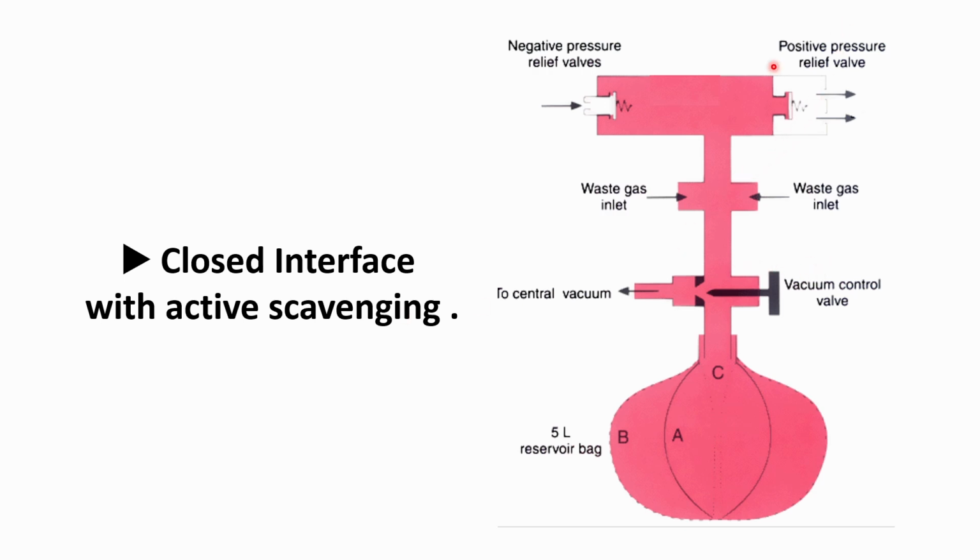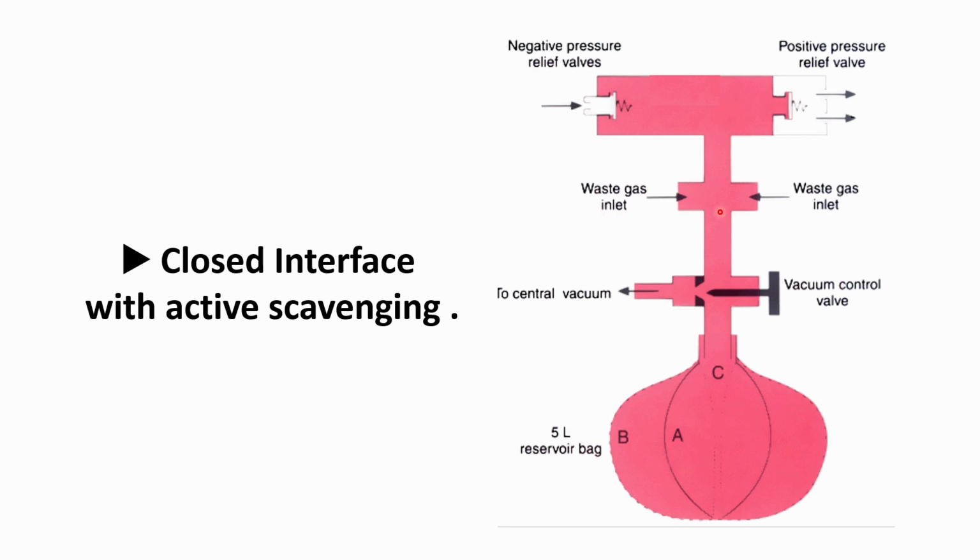It will allow the positive pressure valve to release these gases. What happens if we have excessive active vacuum? It will allow this negative pressure valve to be relieved and allow equilibrium for the system and avoid vision problems.